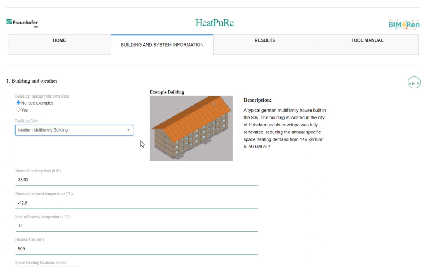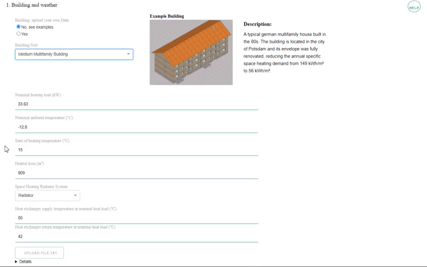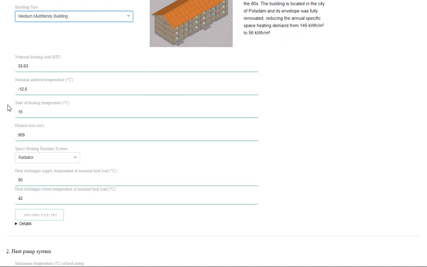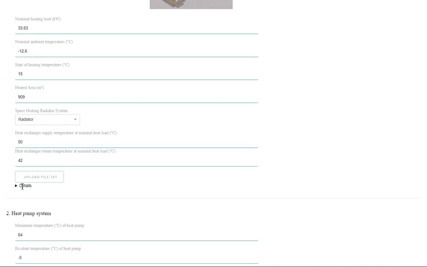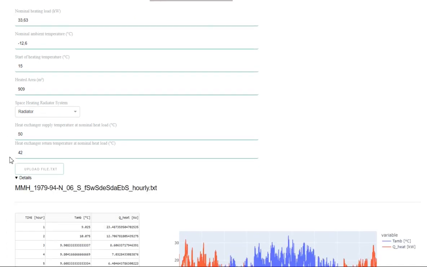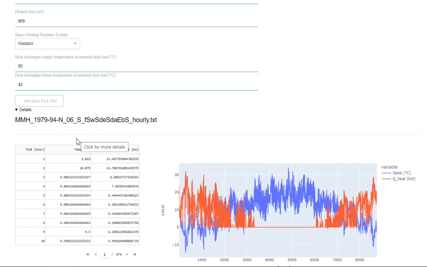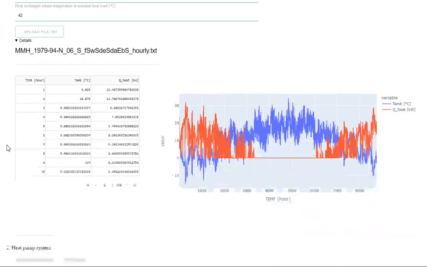And when we select this example building, the tool will already upload all the input data related to the energy demand of the building needed for the simulation. For example, a time series of the outdoor ambient temperature and the space heat load for every hour of a whole year.